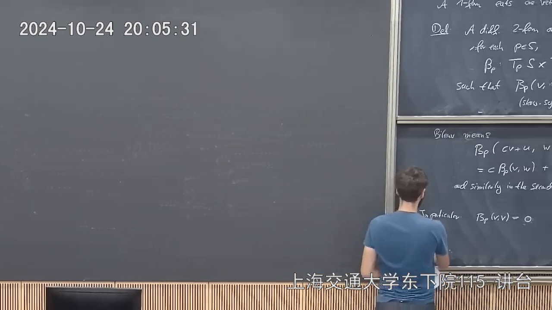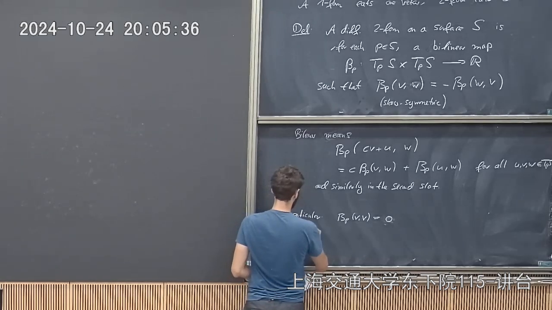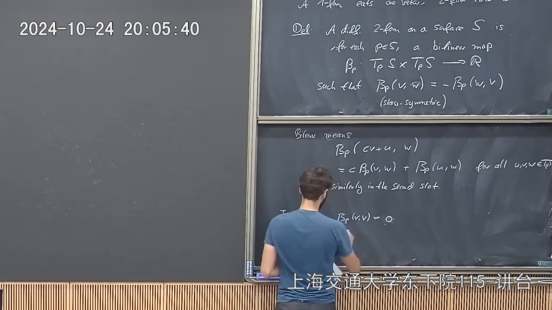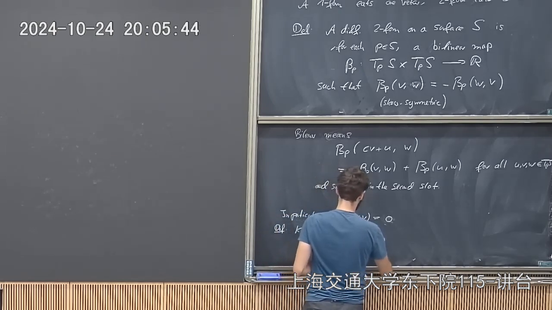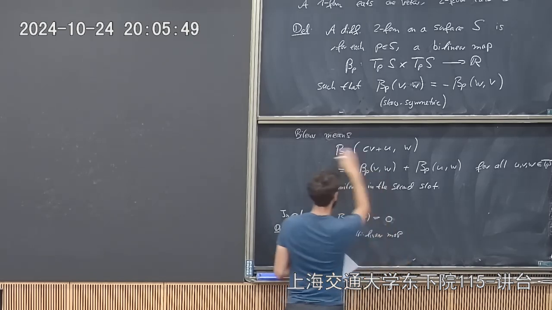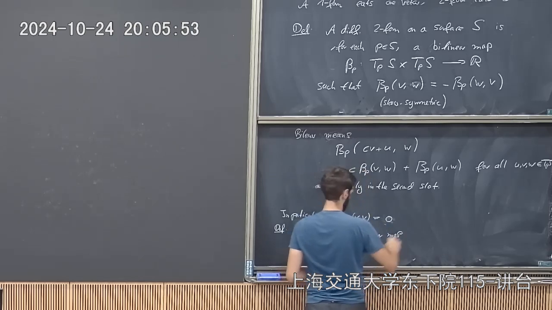And then you can already guess that the k-form is a multilinear map. So it satisfies this property, and it eats k vectors.